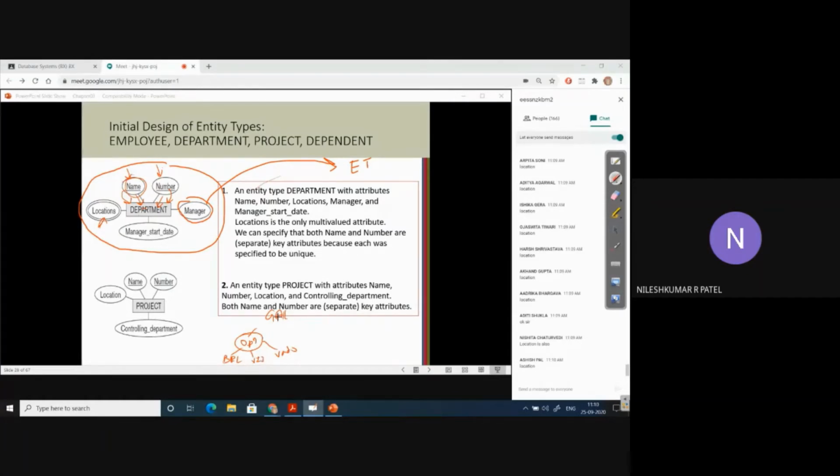So in the entity type department, these locations are actually department locations. We are talking about where exactly this department exists: Bhopal, Vijaypur, and Vadodara. We are not talking about project as of now. So this attribute is purely related to department.